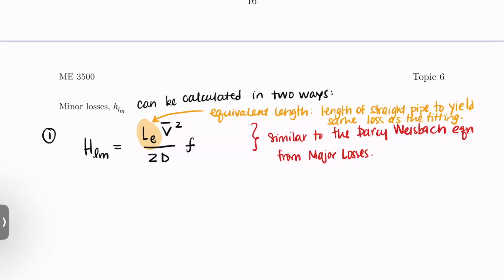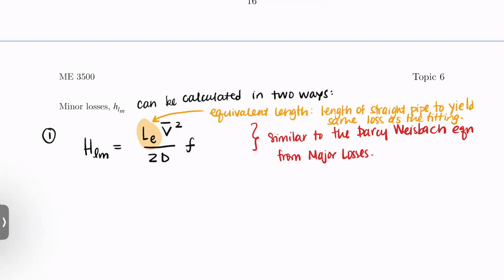The little e is equivalent, and L is length. That's why this looks like the Darcy-Weisbach equation, because it kind of is, but you're using this effective length to take into account the loss through the fitting. So you're saying if the fitting wasn't there, my losses would be the same if I had a straight section of tubing that had a length LE.